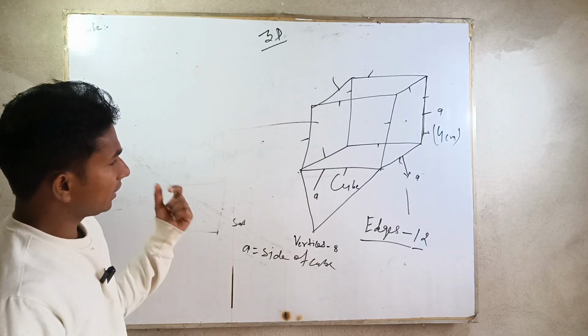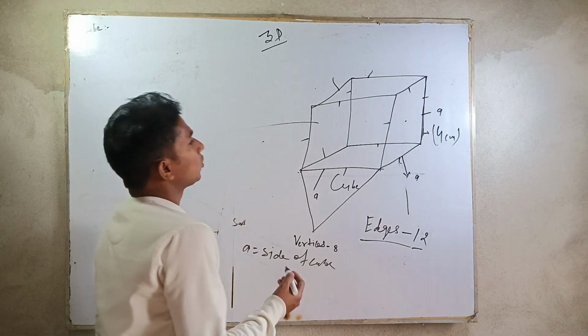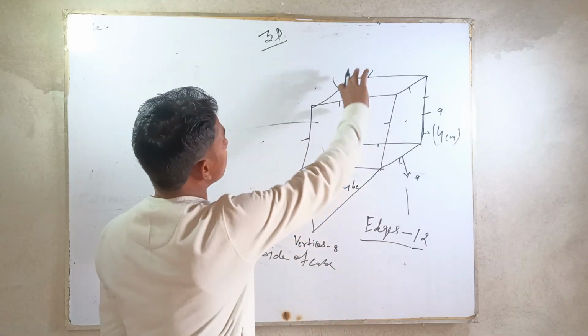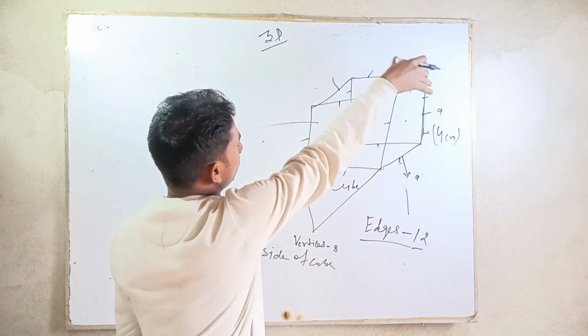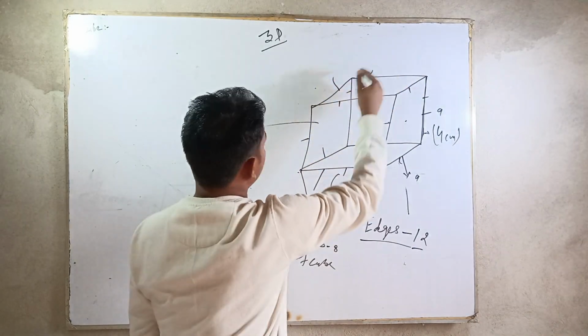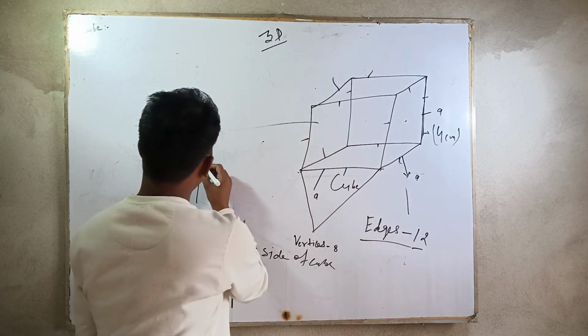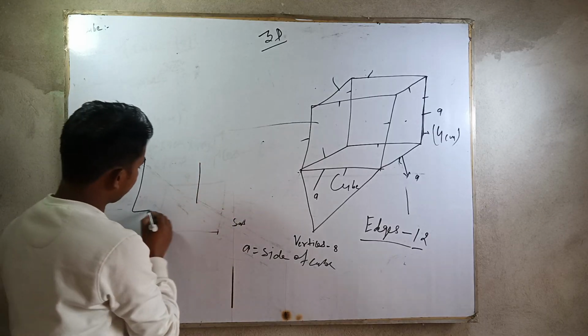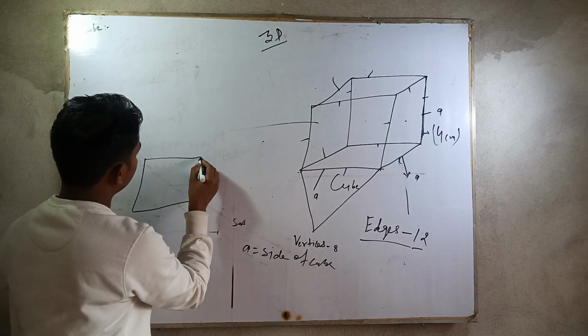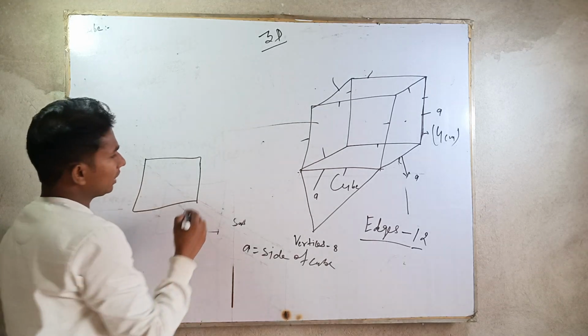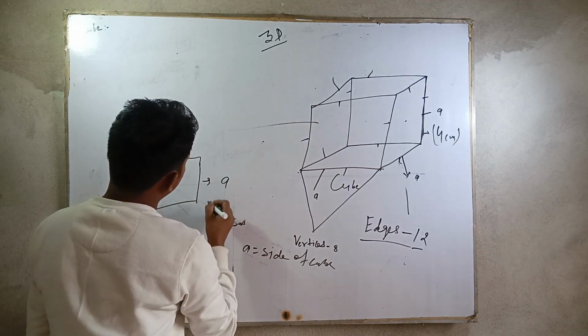Total surface area, lateral surface area. Total surface area means all the area of this cube. If I see its upper part, it is like a square.